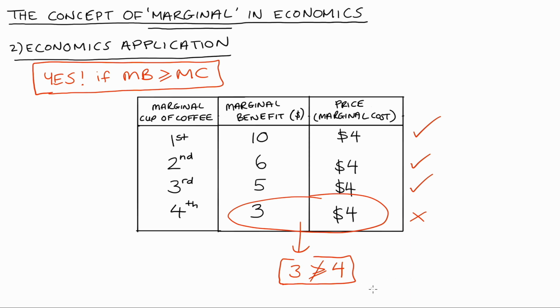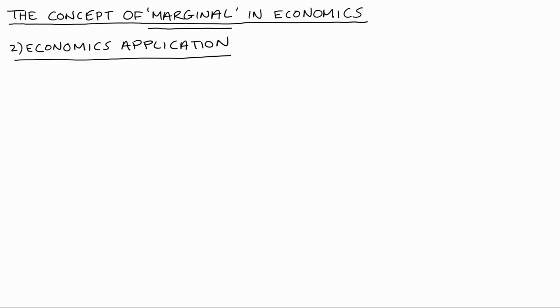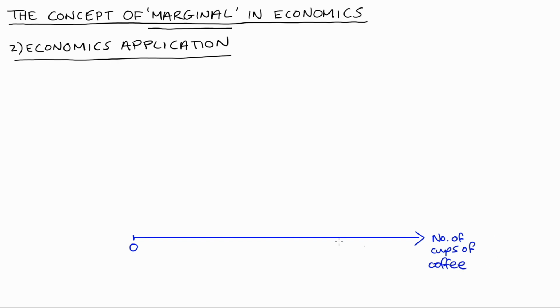And actually, if we make this example a little bit more complex, or rather we allow for more complex mathematics to describe our behavior, and we allow for our good to be treated as a continuous variable. So we're not going to think about discrete cups of coffee anymore, but we think about a continuum of possible quantities of cups of coffee. So we'll represent it on an axis, which increases as we go from left to right.